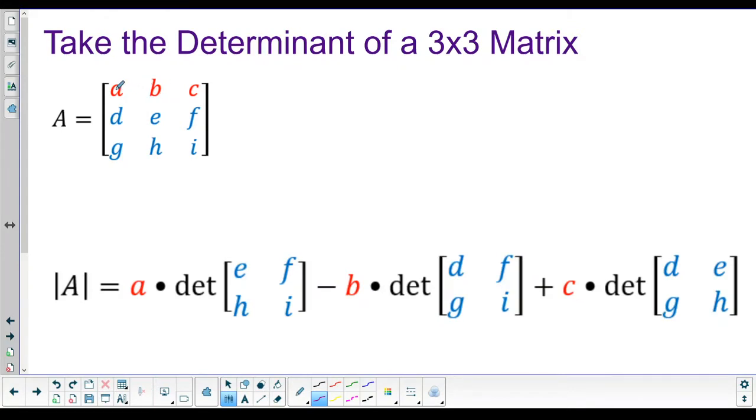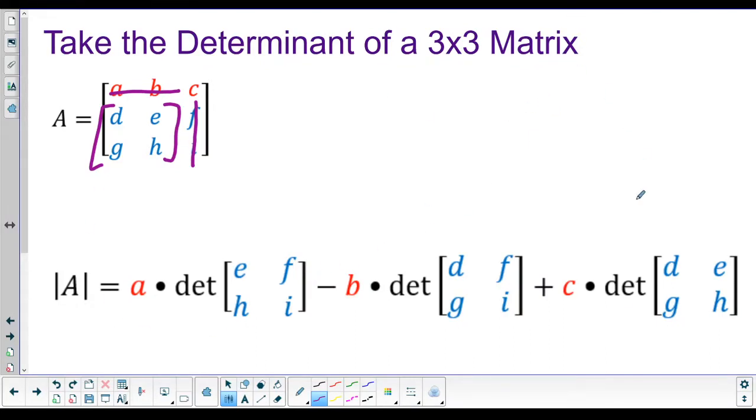For B, we block off everything that lines up with B, and now this DFGI, like pretend this isn't here, DFGI. So it's these 4 elements that are not blocked off. Same thing with C. If we block off everything that lines up with C, you take the determinant of what's left, DEGH. All right, clear as mud, right? So this is how we're going to take a determinant of a 3x3 matrix.